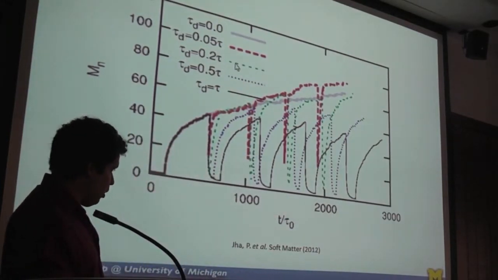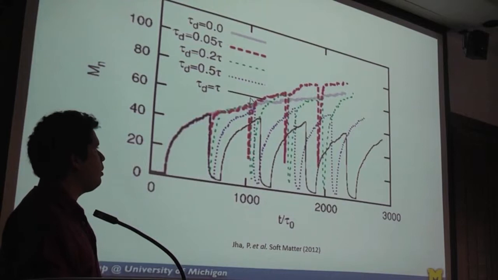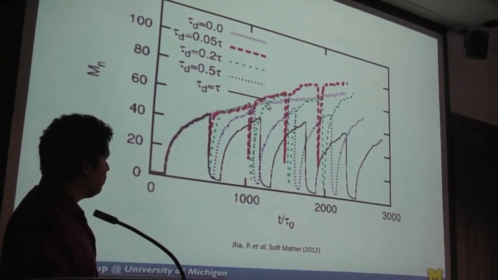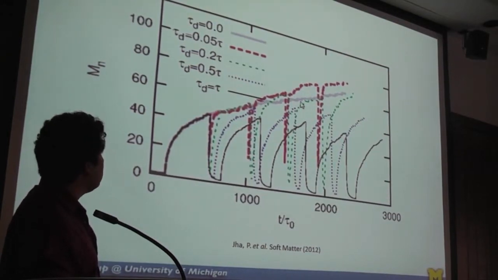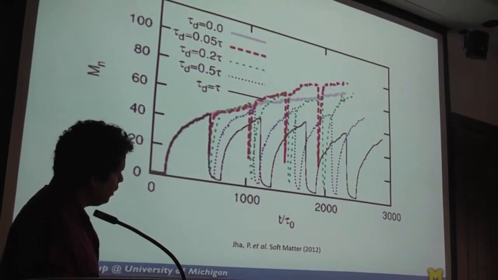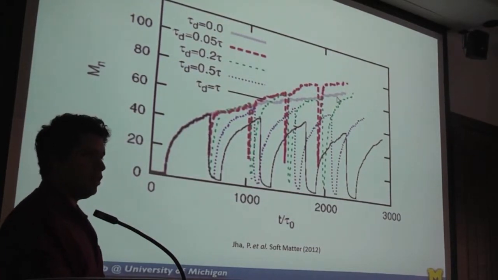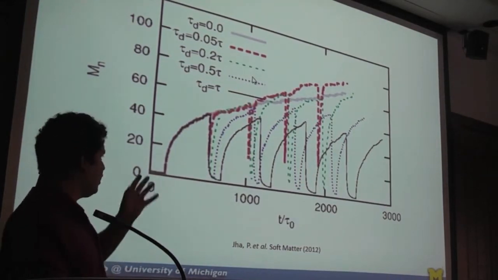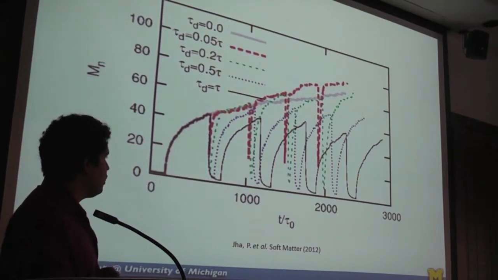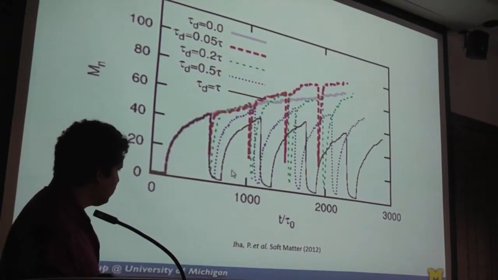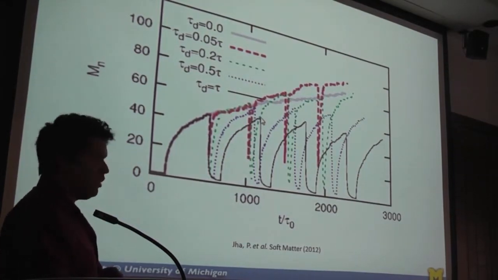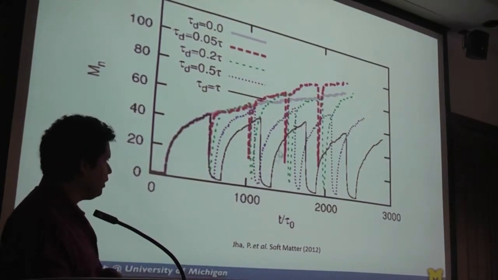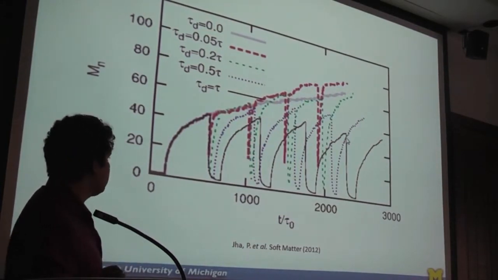This is a graph from the original paper when this was published, and you can see the silver line is the system aggregating on its own, and the other lines are at different ratios of aggregation time and disaggregation time. So here you can see that some of the systems aggregate to a certain point and then disaggregate completely and they go back and forth, kind of an interesting behavior.